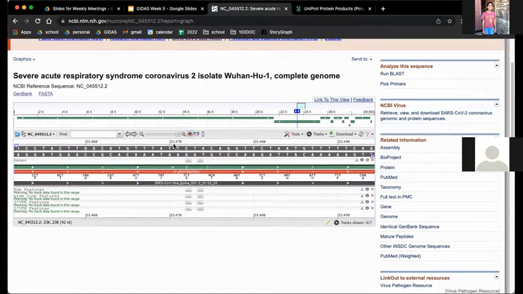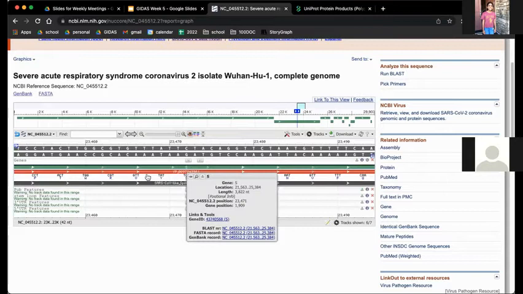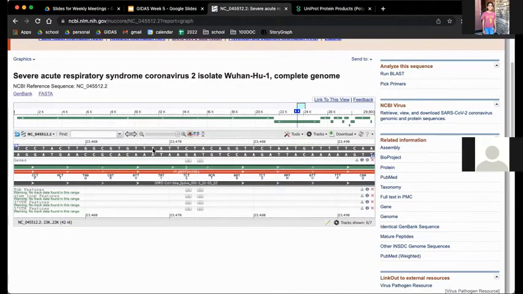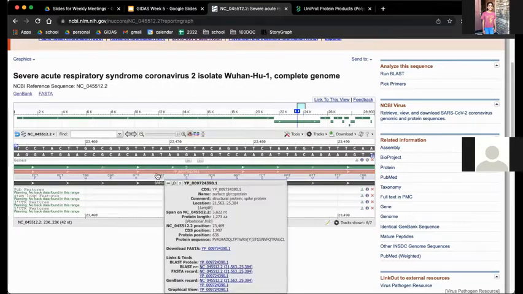Look how cool. Okay, so these letters represent the nucleotides that are in the S protein. And then here you can also see the TAT, you see that. And then down here, there's also TAT.